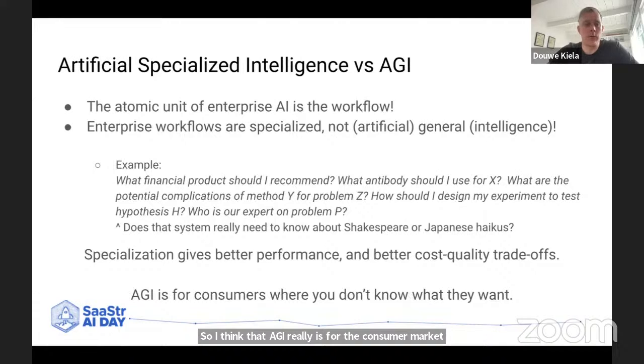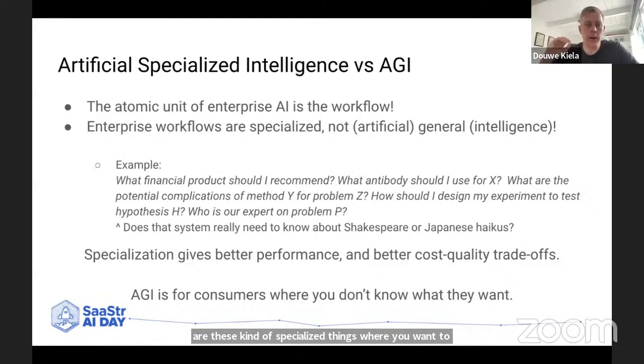An enterprise usually knows exactly what it wants. So it's a much more constrained problem, and the atomic unit that you're solving for there is not any possible query that a human can ask. It's really a specific workflow. Enterprise workflows are these specialized things where you want to do artificial specialized intelligence, if you will, and not necessarily AGI.